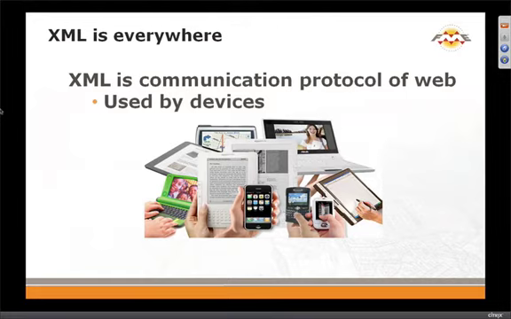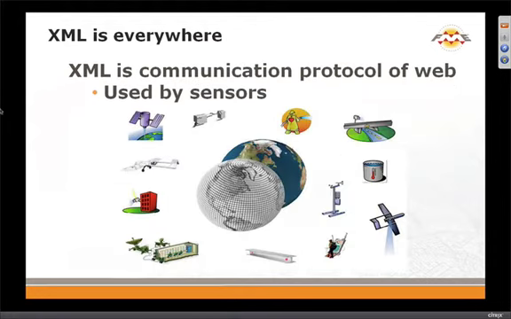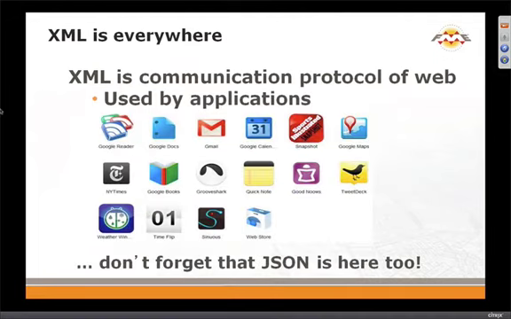In many cases we have mobile devices slinging information around, and the documents are going to be, in many cases, XML. Sensors, of course. The world's getting full of sensors, more and more sensor data. And again, the data that's coming across is XML. So it's just everywhere.